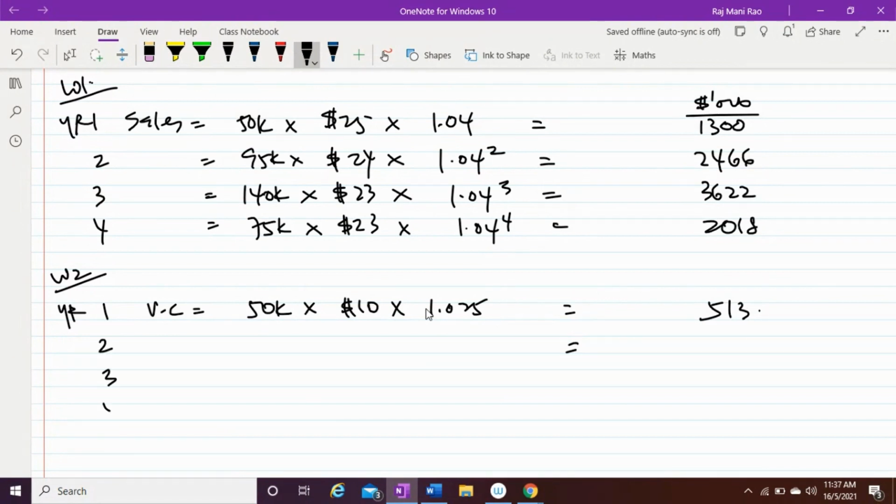What about year 2? How much for year 2? 1098. Year 3: 1809.